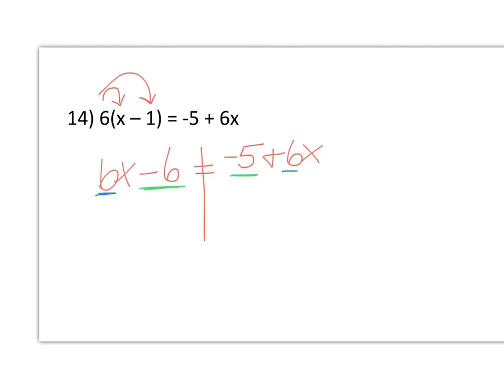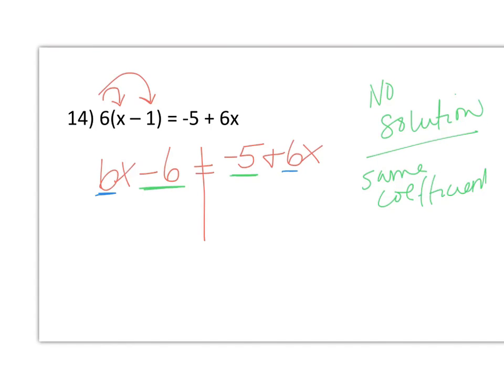When I have the same coefficient and different constant, that tells me I'm going to have no solution. Right? I have the same coefficient, but I have different constants. I think that's similar to our first example in this section.